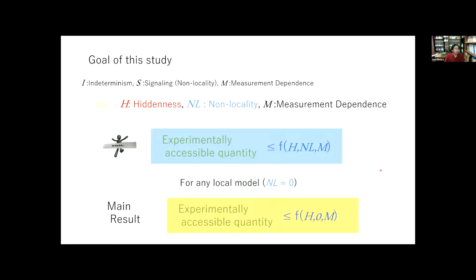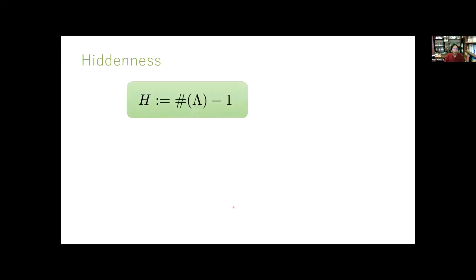Okay, so now, following the goal I mentioned before, first let me introduce the degree of hiddenness. Our idea is quite simple. We define the hiddenness by the number of hidden variables minus 1. And we think this reflects how much we need a hidden variable. This takes only discrete numbers.